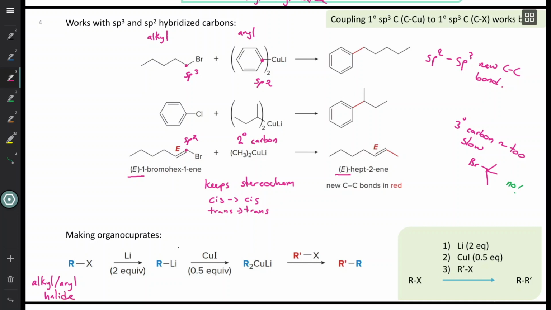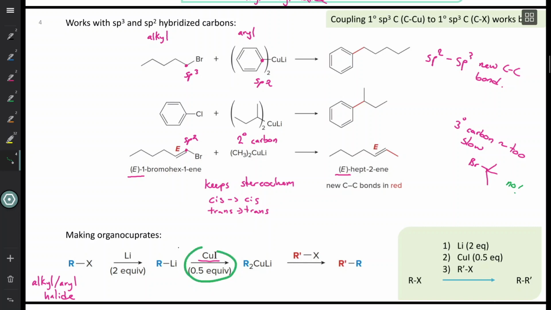You react with lithium to make the organolithium species, which would be more reactive than the cuprate. So what you want to do then is add your copper iodide. Now remember that you need either 2 equivalents of your original R group or your halide, or you can just say half an equivalent of the copper iodide.